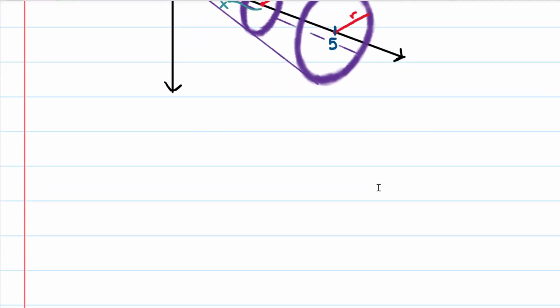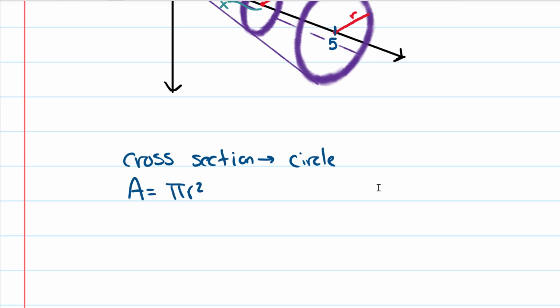So what we need to do is determine the shape of each cross-section, and we know the cross-section is a circle, and we need an equation to find the area of each cross-section. Well, we know the area of a circle is pi r squared. And so the area of my cross-section, since we're letting r be x, is pi x squared.